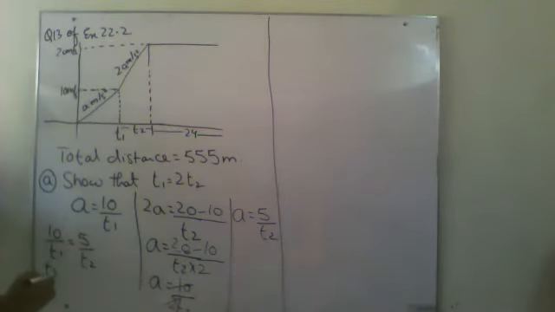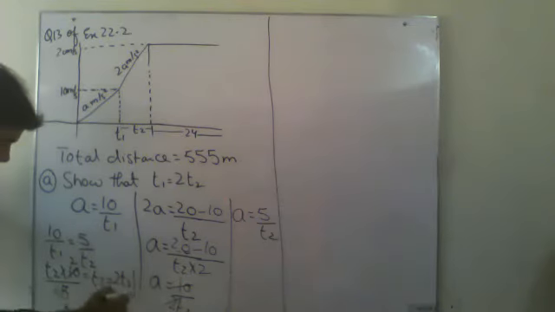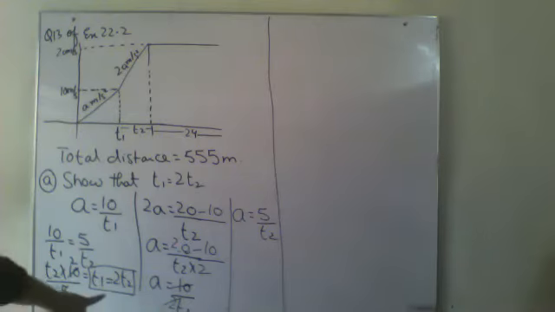So T2 multiplied by 10 equals to 5 over T1 over 5. This and this will be cancelled. So T1 is coming equals to 2T2, and that is your required answer over here.